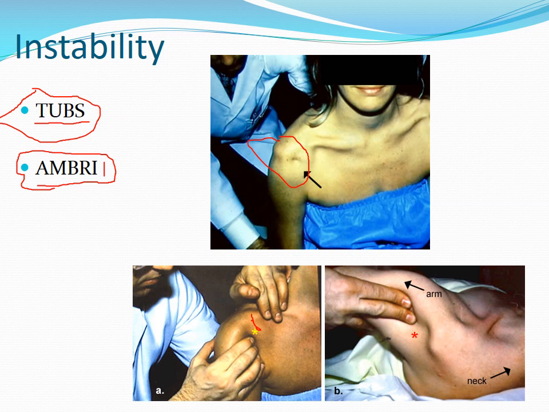So that's what those stand for. All right, so this is somebody who was born loose. They're loose everywhere. They have multidirectional instabilities. TUBS is somebody who had a traumatic event and they tend to just have laxity in one direction.